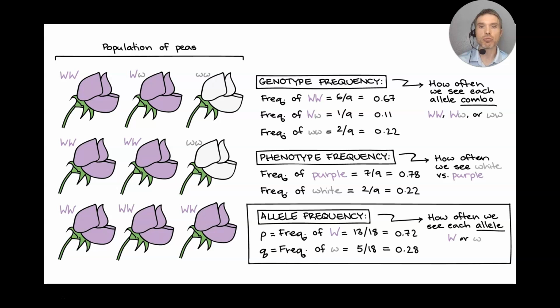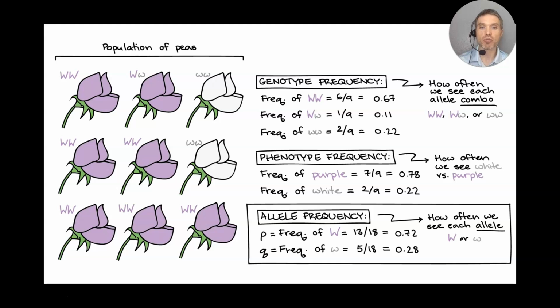So for instance, if the question asks what is the genotype frequency, 6 of the 9 are homozygous dominant, big WW, or 67% or 0.67. 2 of the 9 are white, small w, or 0.22 or 22%. And then our heterozygotes, big W, small w, 1 of the 9 or 0.11 have that particular genotype.